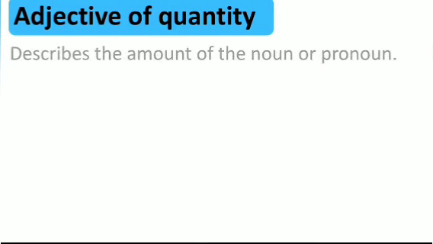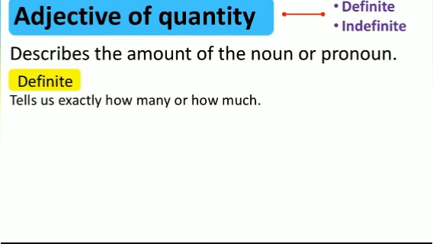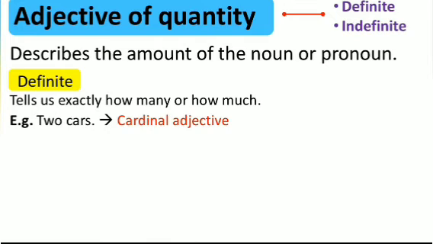Adjective of quantity. This type of adjective describes the amount of the noun or pronoun. This can be definite or indefinite. Definite tells us exactly how many or how much. For example, 2 cars. This is an example of a cardinal adjective because we know exactly how many cars there are. First job.